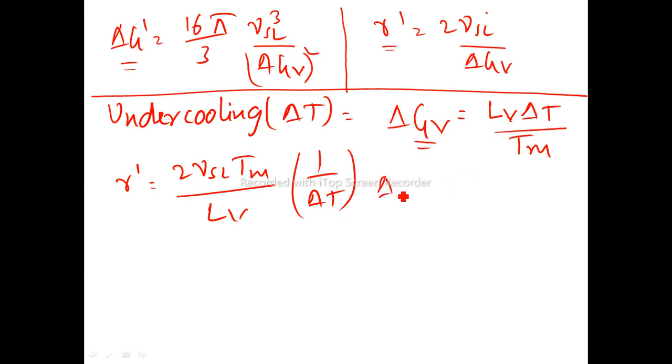whereas delta G dash is equal to 16 pi. This expression is a little lengthy, so I will write it a little bit downward.